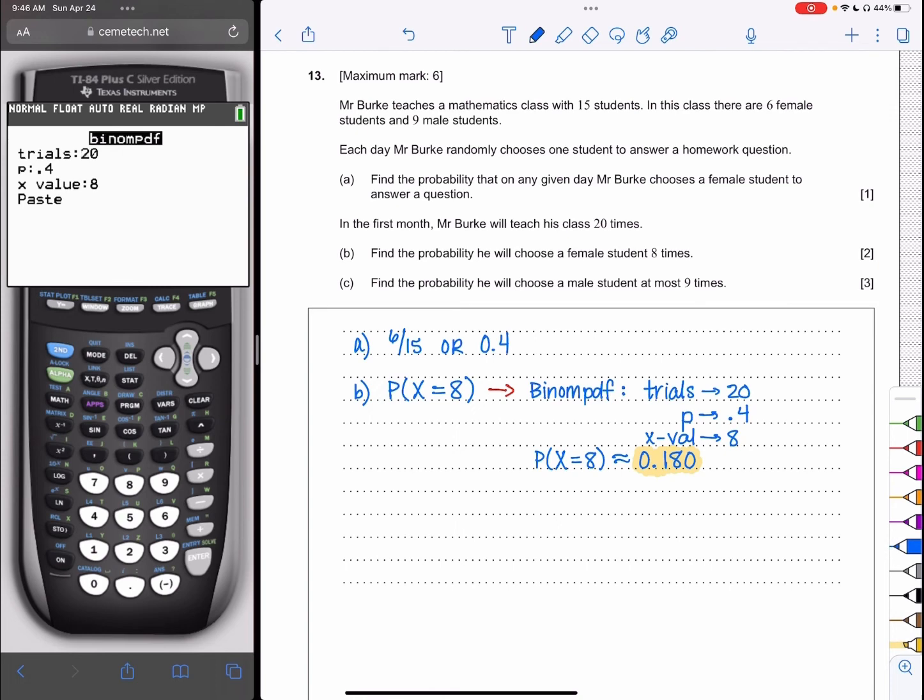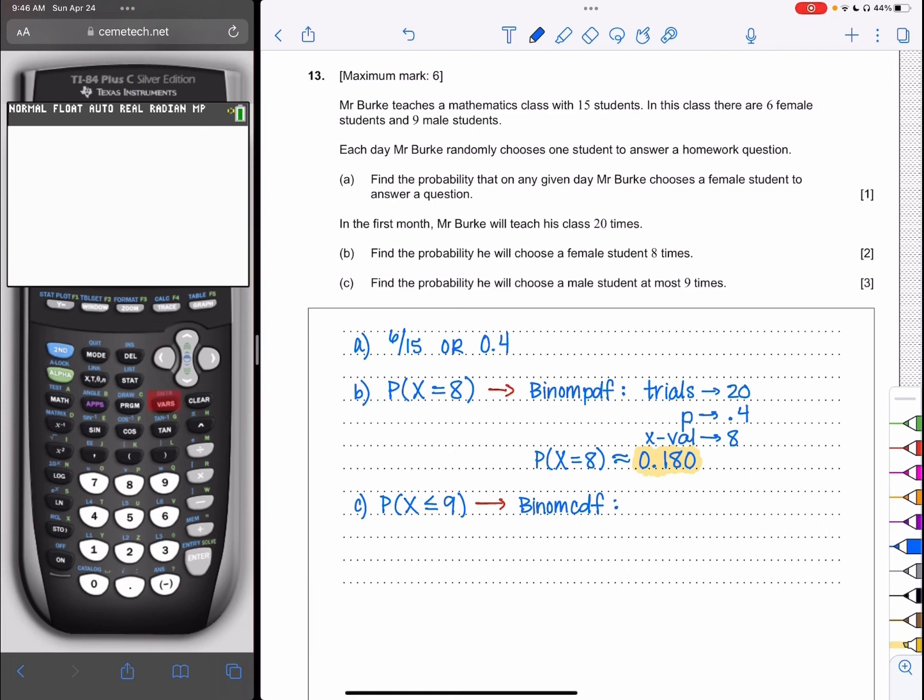So part C, it says find the probability that he will choose a male student at most 9 times. So when I say at most 9 times, I'm saying 9 times or less. So the probability that he's going to pick a male less than or equal to 9. So because I have a range of values, I know that instead of using binomial PDF, I'm going to be using binomial CDF, cumulative.